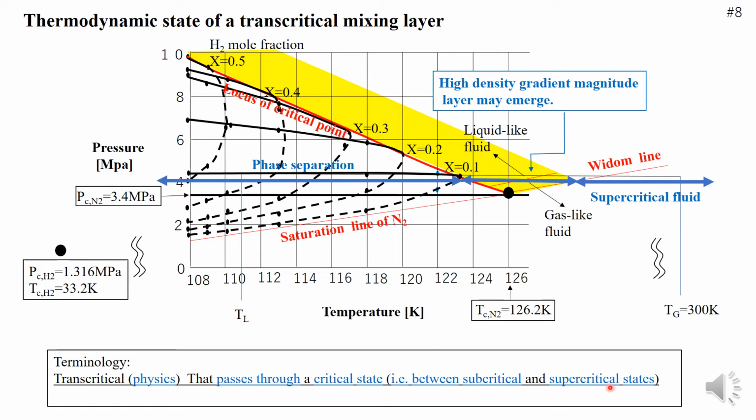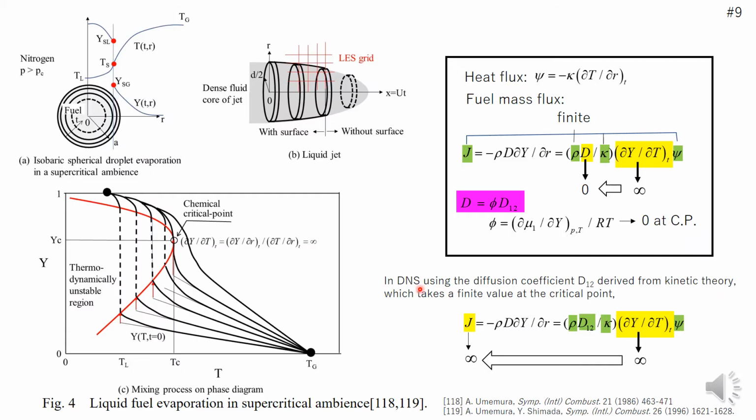In this respect, there is no LES solving the transcritical mixing layer. Therefore, we started a manuscript in our attempt to give an answer to why such a thing happened, by citing Umemura's old paper on high-pressure droplet evaporation and combustion problem.